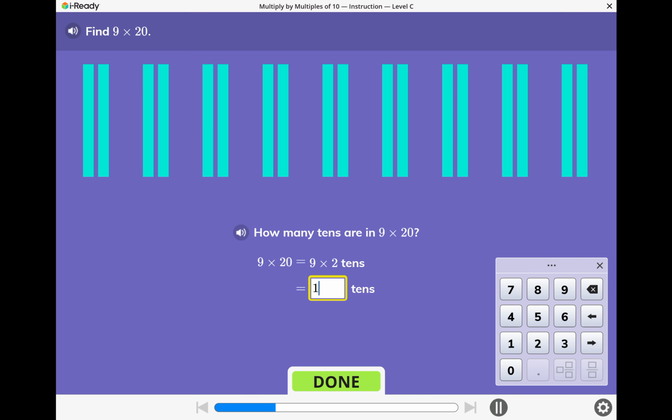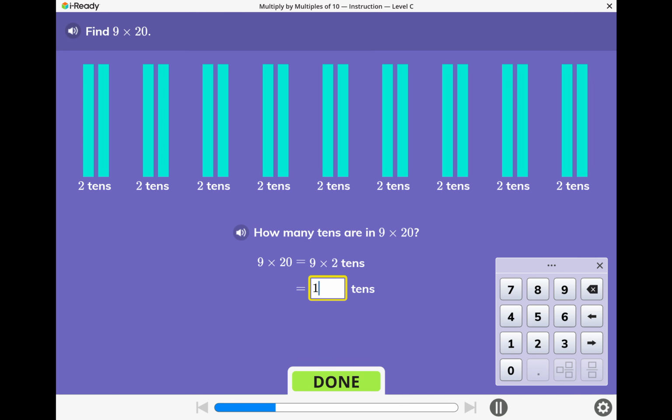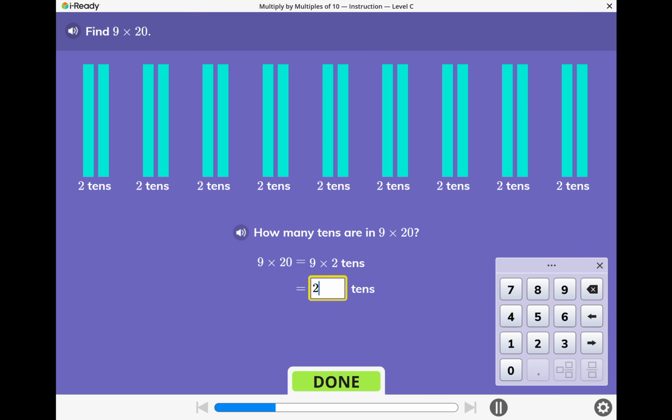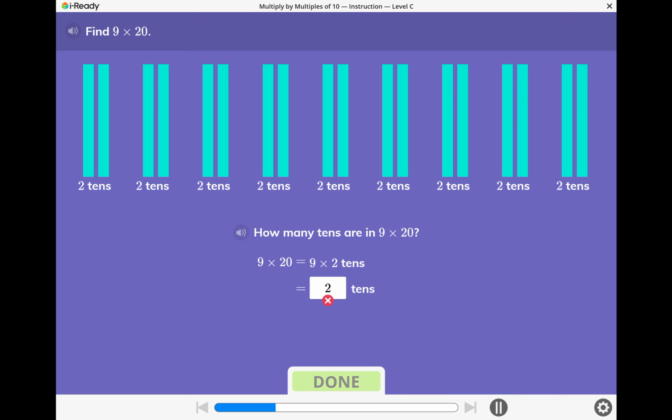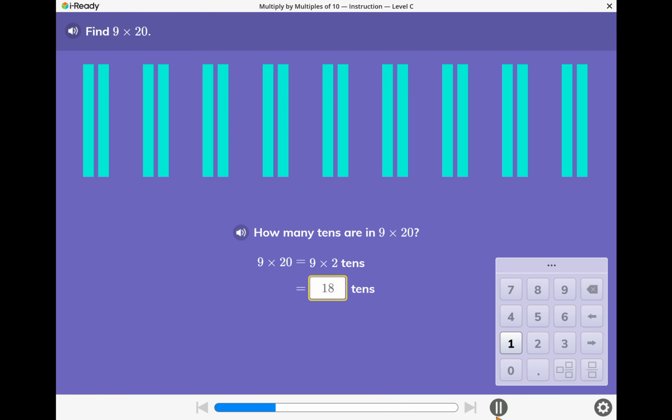So there are 18 tens. There are 9 groups of 2 tens. Multiply 9 by 2. Nine times 2 equals 18. So 9 times 2 tens equals 18 tens. Enter 18.